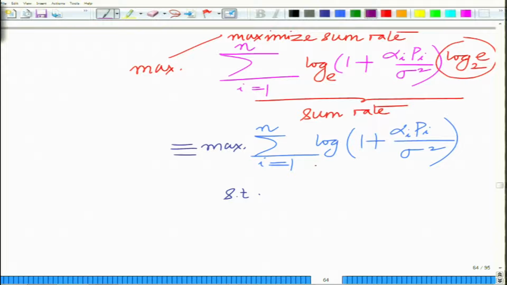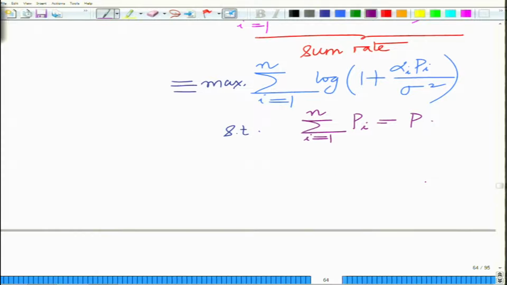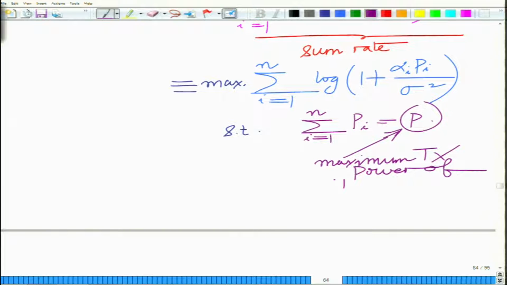So now we want to maximize the sum rate subject to the constraint that summation i equals 1 to n of P i equals P. You can think of this as the maximum transmit power of the transmitter.